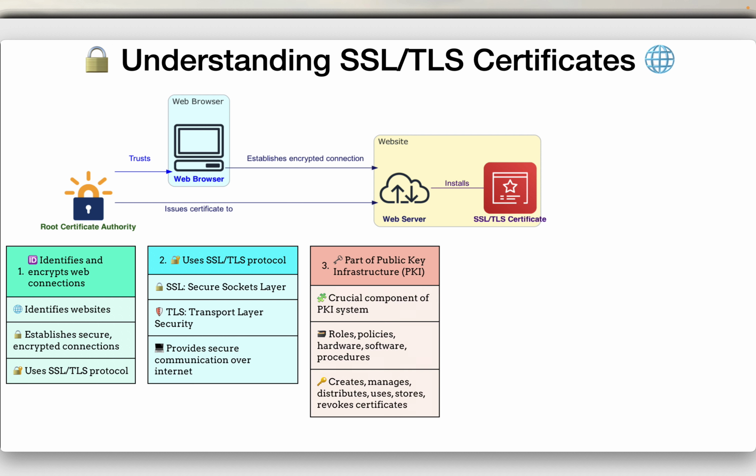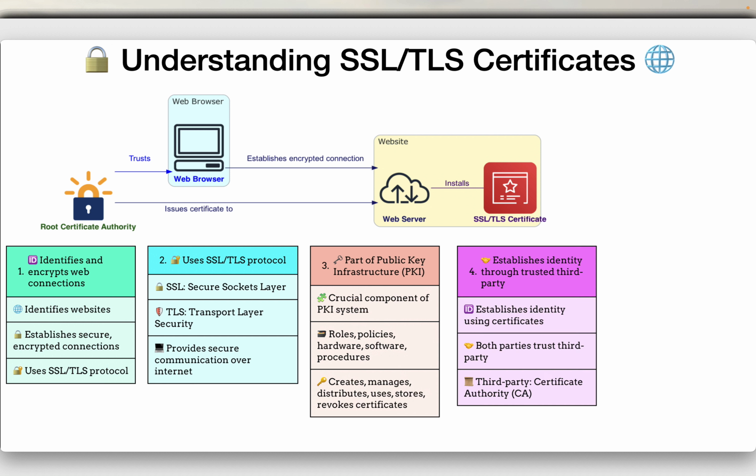Certificates are a crucial component of the PKI system, which is a set of roles, policies, hardware, software and procedures needed to create, manage, distribute, use, store and revoke digital certificates.